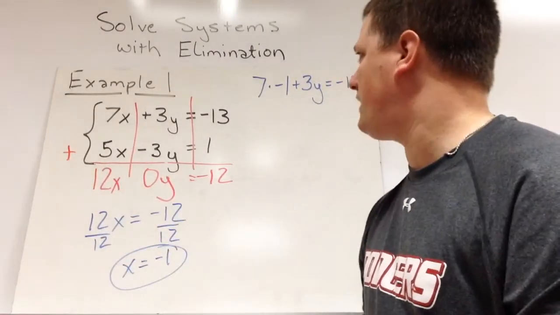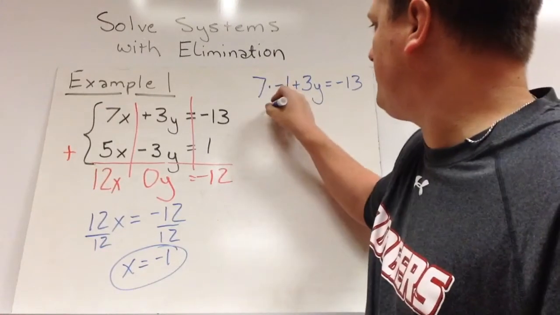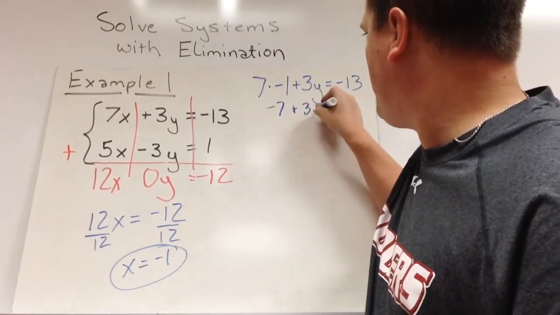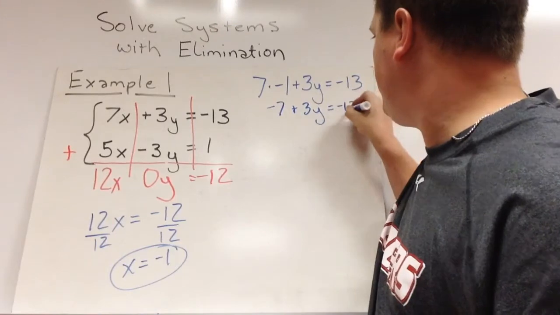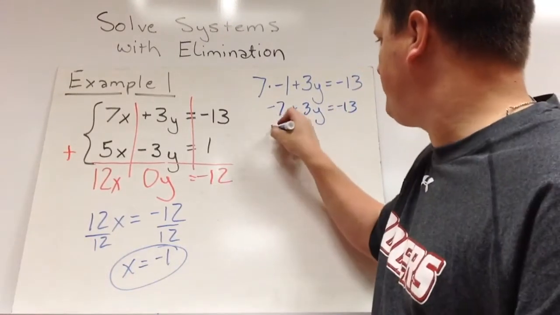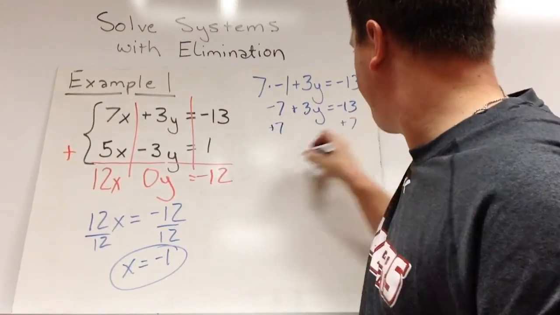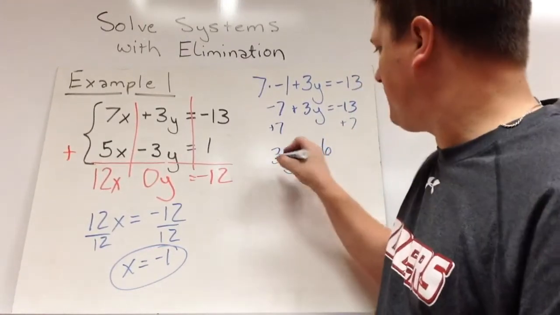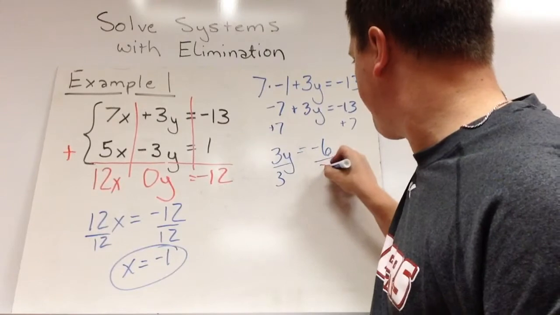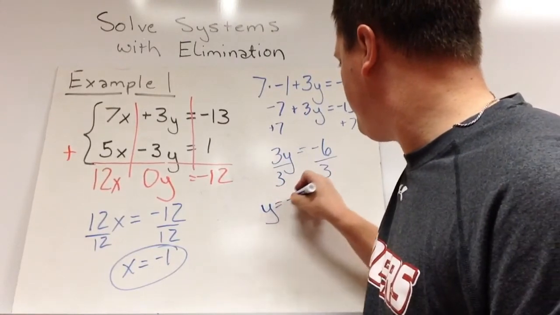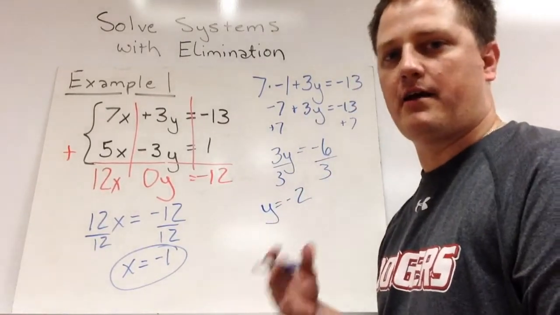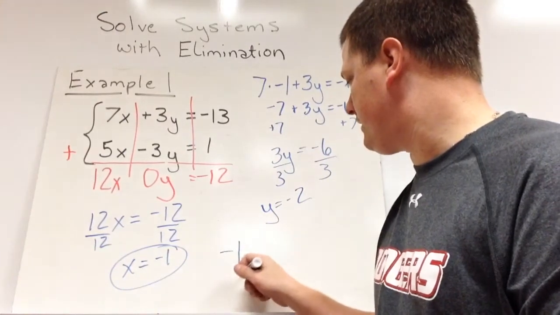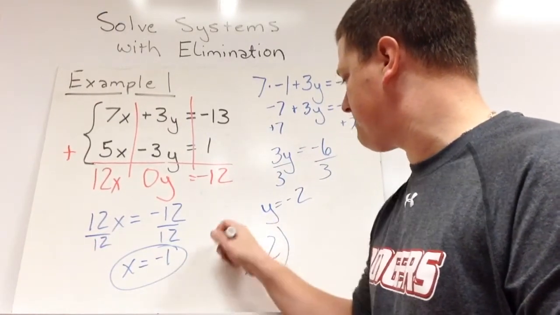It takes a little bit more effort. 7 times negative 1 is negative 7, plus 3y equals negative 13. We're going to then add 7 on both sides. 3y equals negative 6. Then we're going to divide by 3. Y is negative 2. So it looks like our answer is negative 1, negative 2.